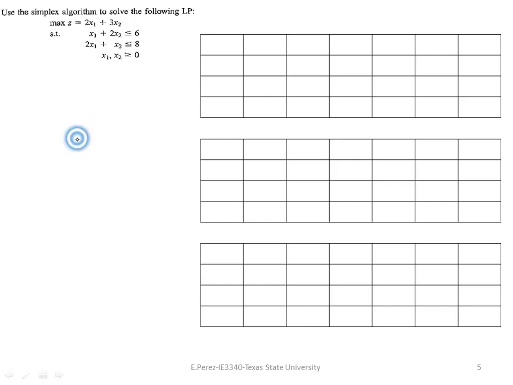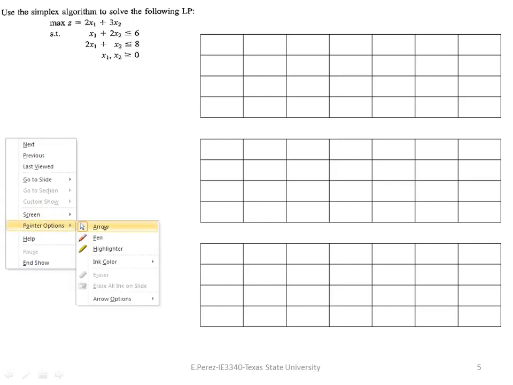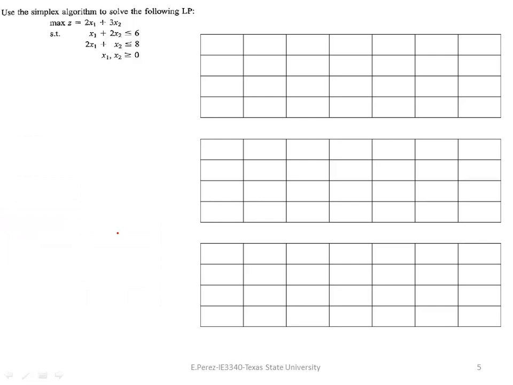So the standard form, you first have to modify your objective function. So this is c minus 2x1 minus 3x2. And also you need to add those slack variables.